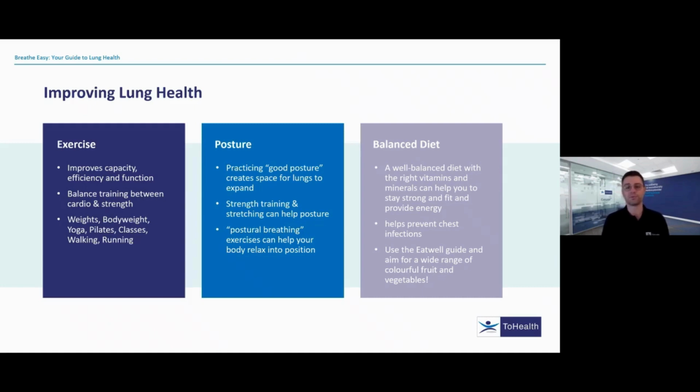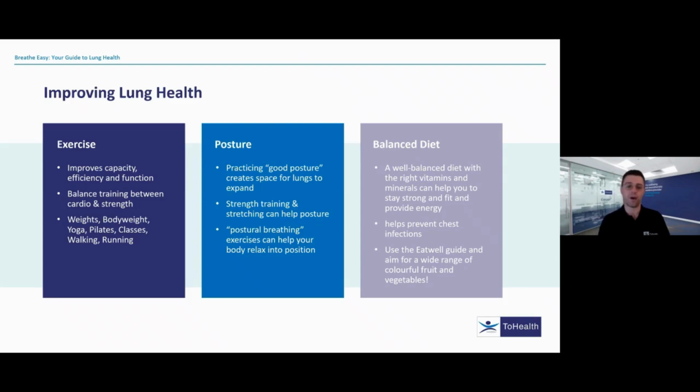Protein helps to keep your muscles strong. So this includes your chest muscles and your intercostals, which help your ribs expand as you breathe. And that's going to help you get the most out of the exercise that you're putting in as well, and be more efficient with every breath. Protein is also important for your immune system. And then we've got things like dairy and oil.